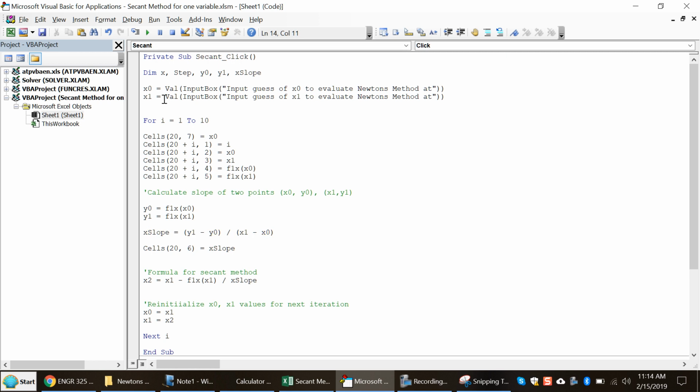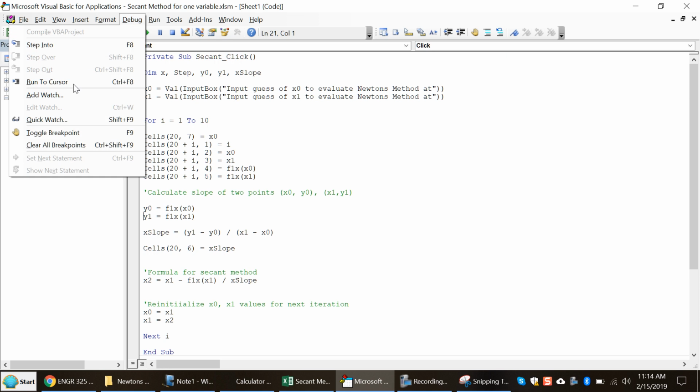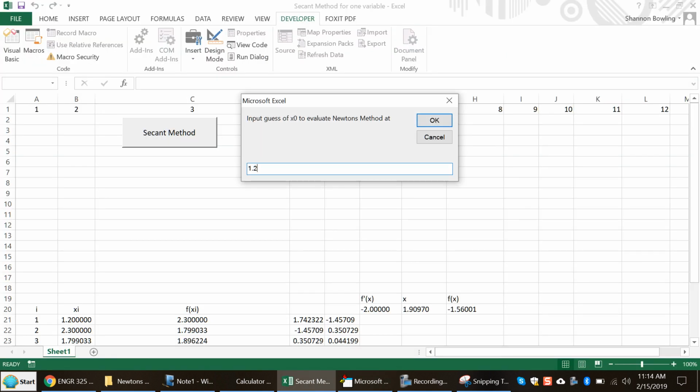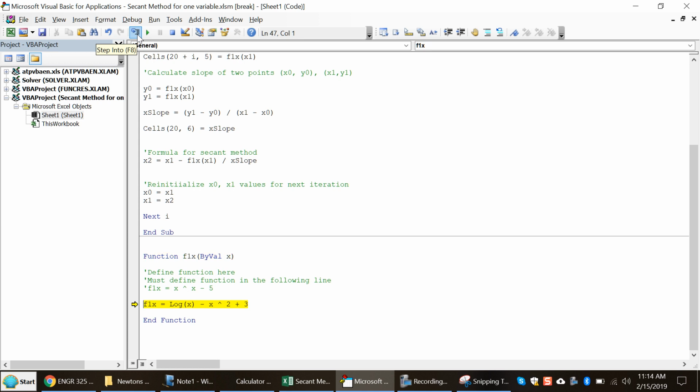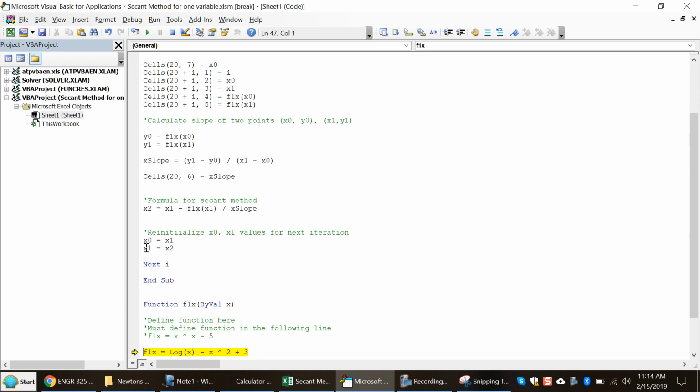Let's see. Let's go in and let me run to cursor. So 1.2, 2.3. Let's see. All right. Okay. To step in, so my x value is 2.3. Okay.